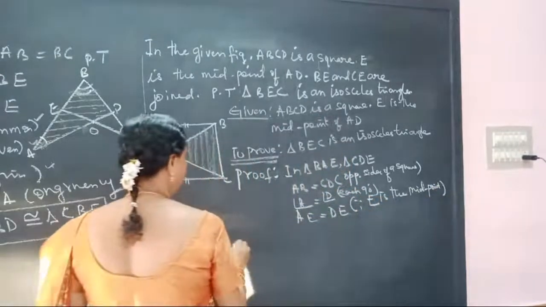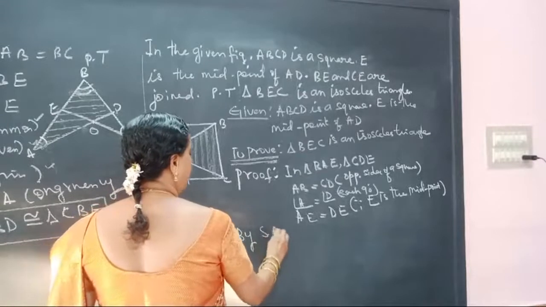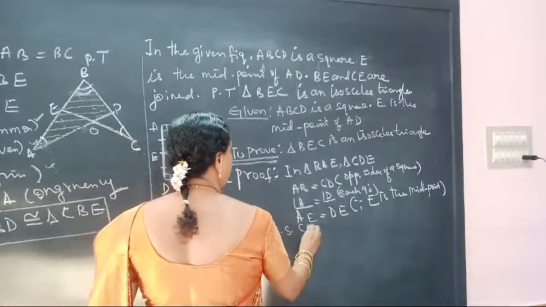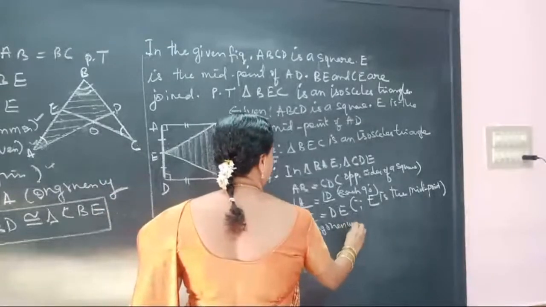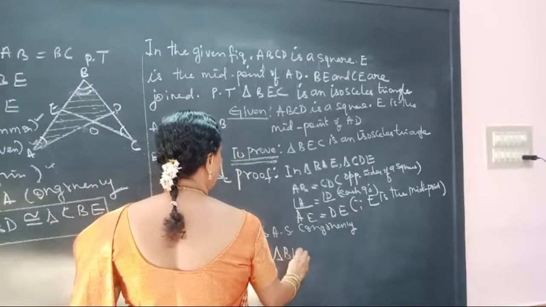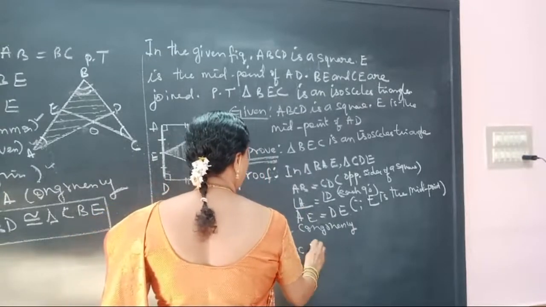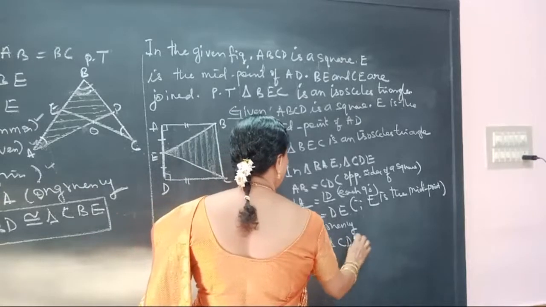Then write, therefore by side angle side congruency, triangle BAE is congruent to triangle CDE.